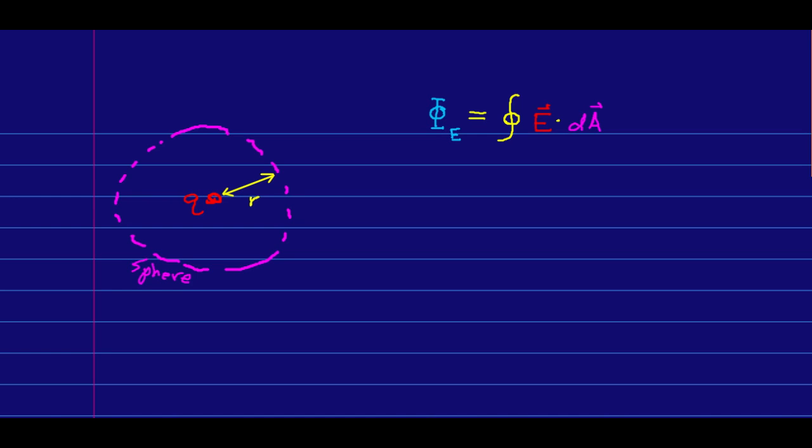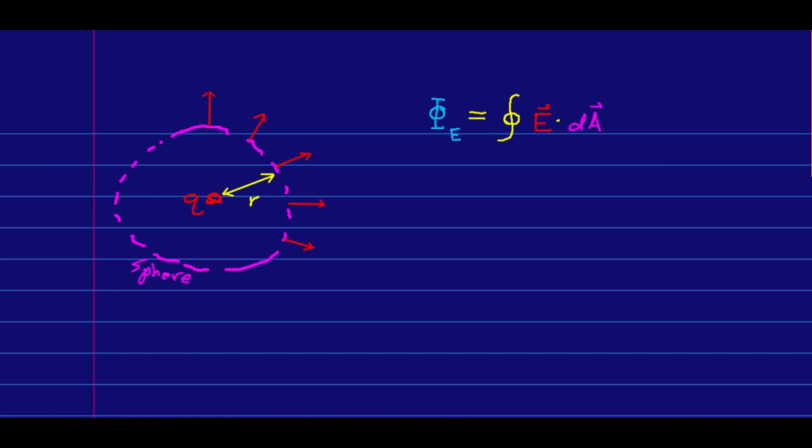Now, a point charge, as I've already discussed in an earlier lecture, has spherical symmetry. We can rotate it around any line through it, and it doesn't change it. We can reflect it through any plane that includes it, and it doesn't change it. That's spherical symmetry. And so the field due to it has spherical symmetry, but that just tells us what we already know, which is that the field is radially out from it, and that at any distance r away from the charge, the E field has the same magnitude everywhere at that distance.